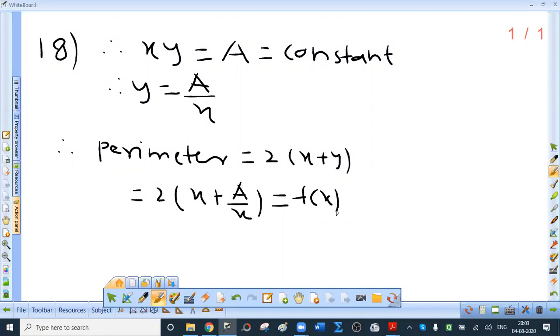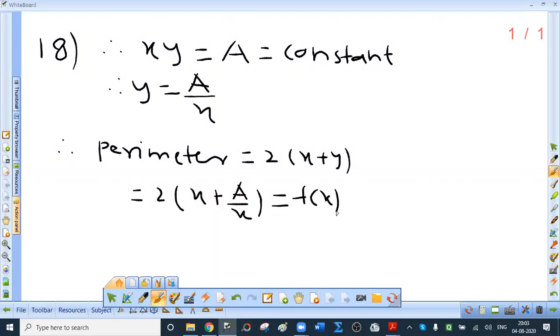Suppose c is the root of this equation. Then we find f double dash of c. If the second derivative is negative, the function has a maximum at x equal to c. If the second derivative is positive at x equal to c, the function has a local minimum at that point. We repeat the same procedure for other roots, if there are any, of the equation f dash of x equal to 0.